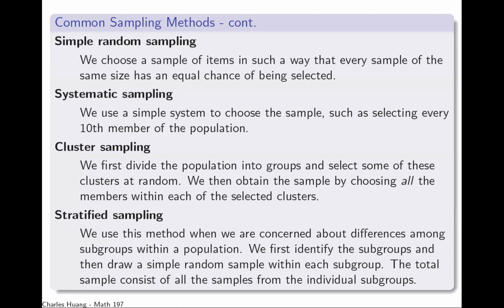So what we'll do is divide the population up into these groups, then draw a simple random sample from each subgroup. Eventually, the sample we build up has, for each subgroup, the correct proportion as to how that subgroup makes up the whole population.